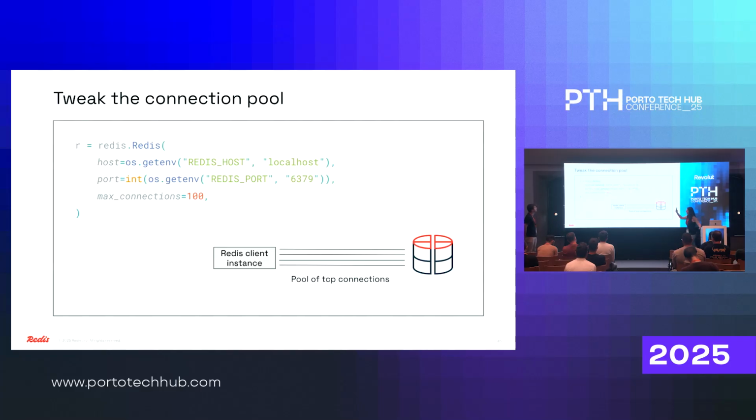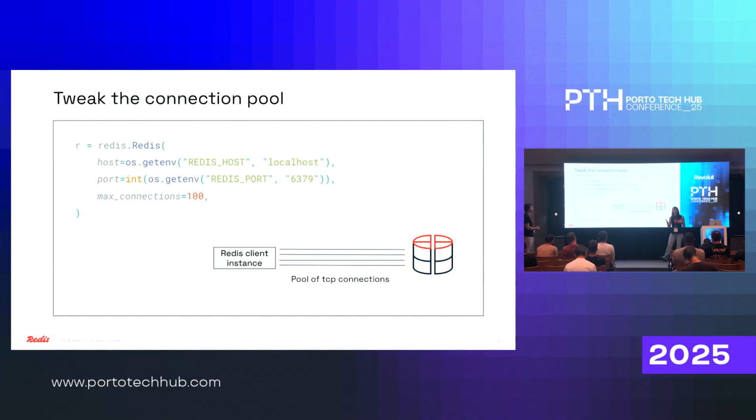If you have a single Redis client instance that's being used in a multi-threaded environment, you're going to get different threads trying to compete to get on the connection, to get on the TCP socket in order, like waiting in line, so they can send their command to Redis. And that can and will become the bottleneck, right? Because the TCP connection itself, by definition, is a bottleneck.